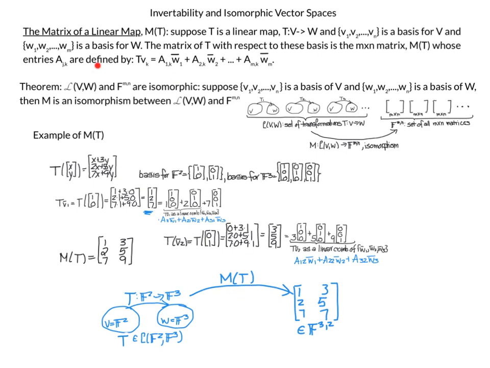And what this theorem is saying is that this mapping is an isomorphism between these two spaces, the space of linear maps and the space of m by n matrices. And exactly what is this mapping? What is this isomorphism?